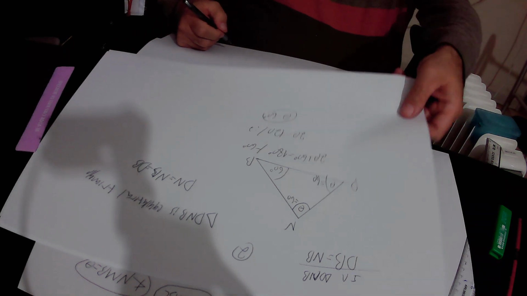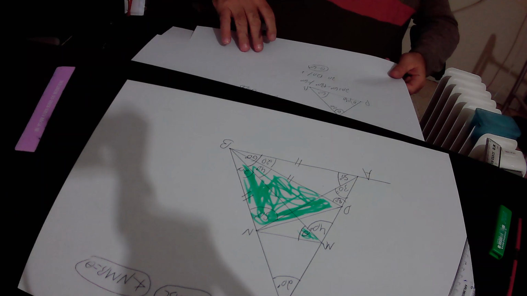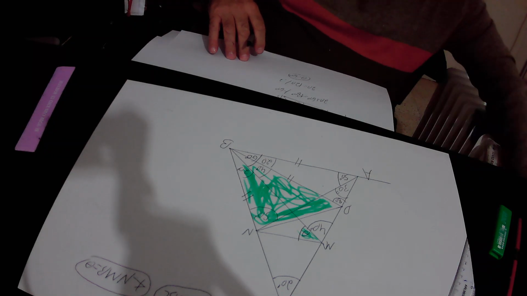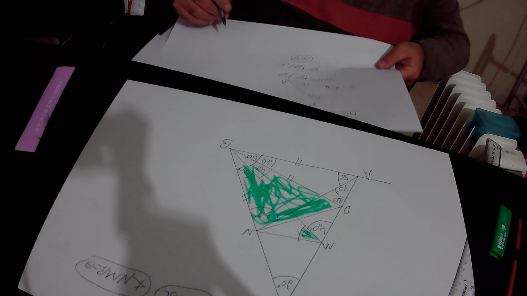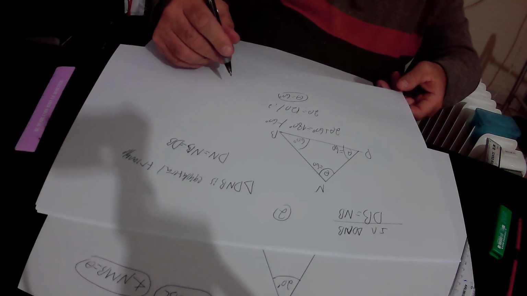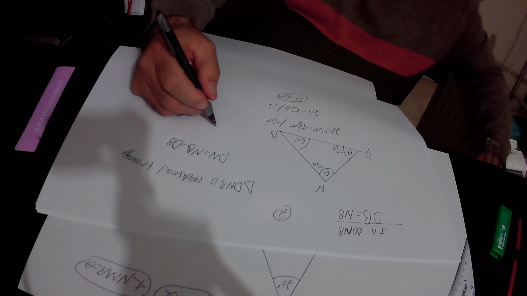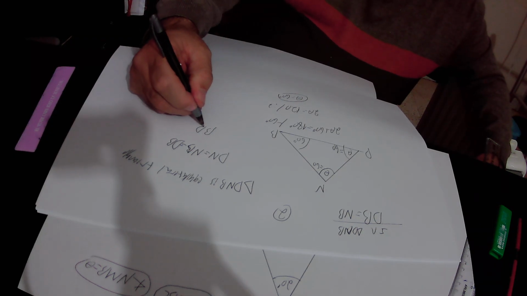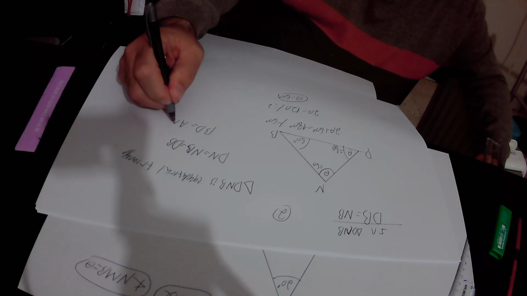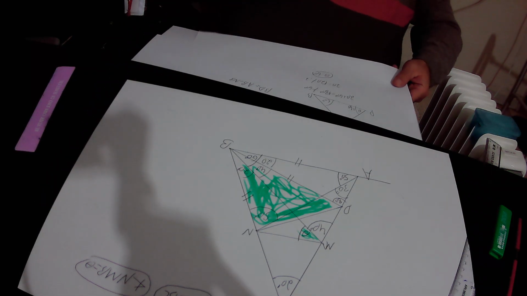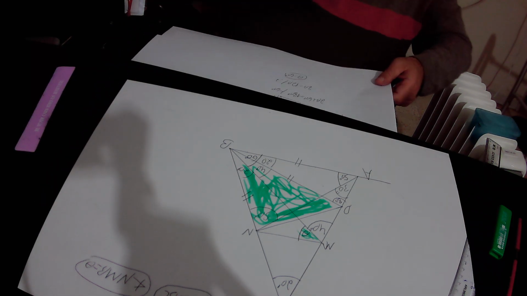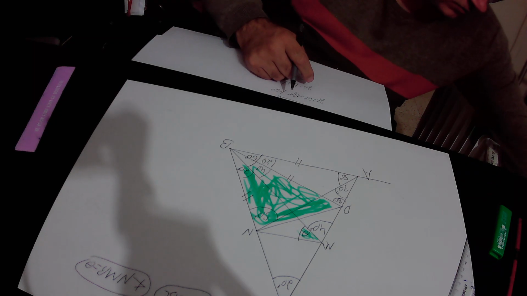Okay. And we have already found out that BD equals AB equals NB, and we found out also that DM equals DB.